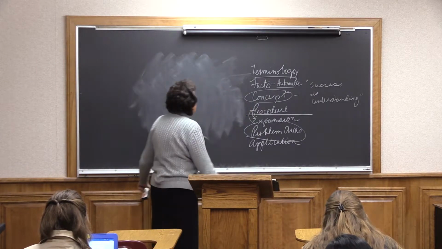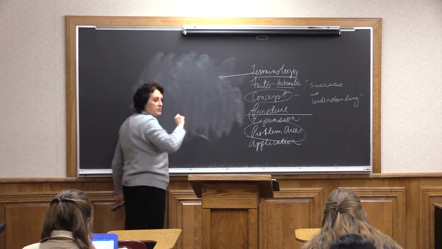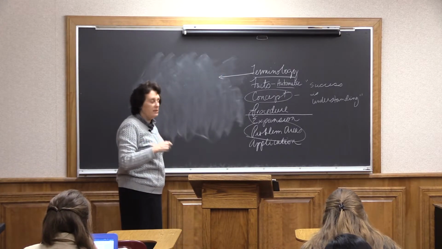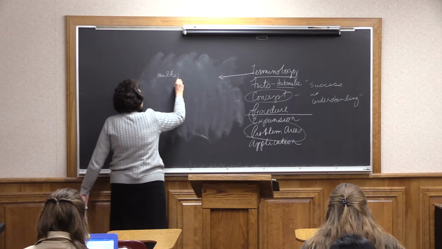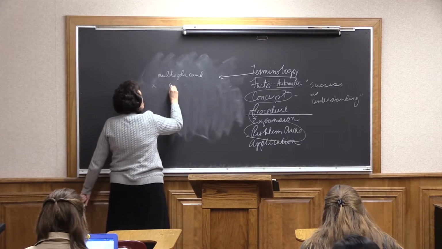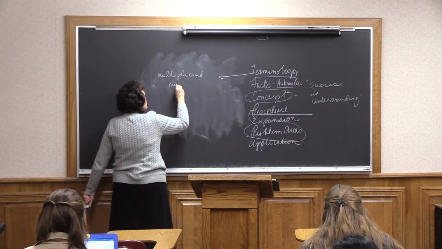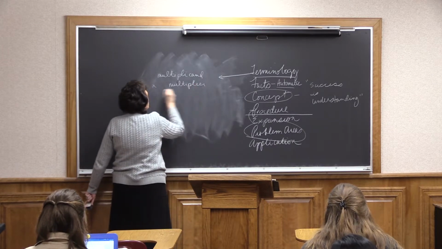We'll begin with terminology. There are two ways we can name the numbers. We can use multiplicand times multiplier.